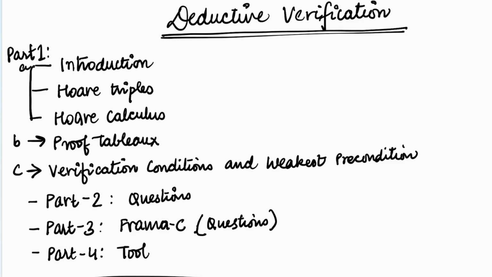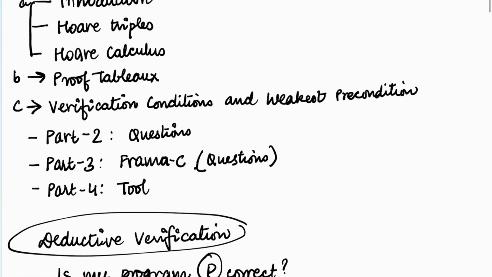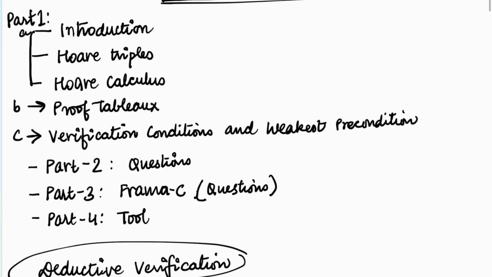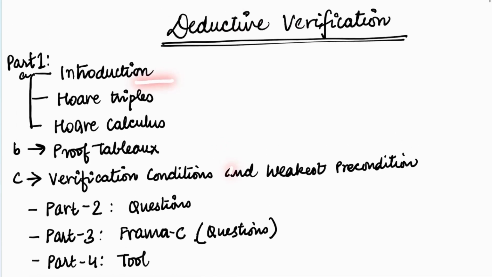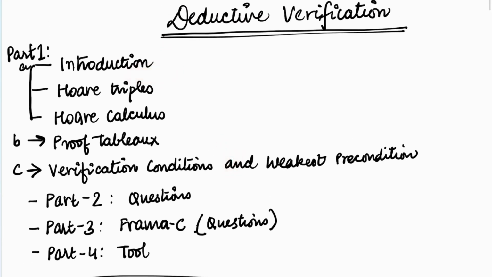If you see, the entire series for deductive verification is divided into the following parts. So you can see there's a part 1. This is the part 1 that we will be discussing. Here we will be talking about the introduction. So what exactly is deductive verification and how does it affect the decisions while we are talking about formal verification techniques.